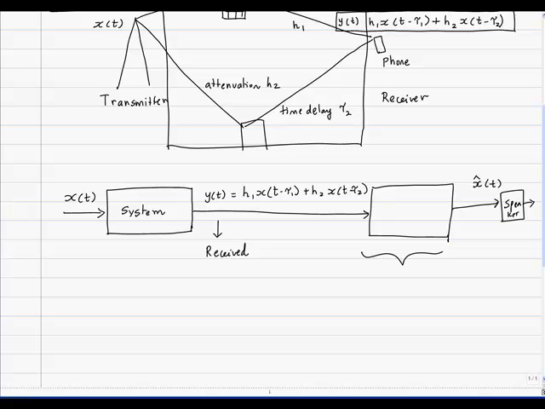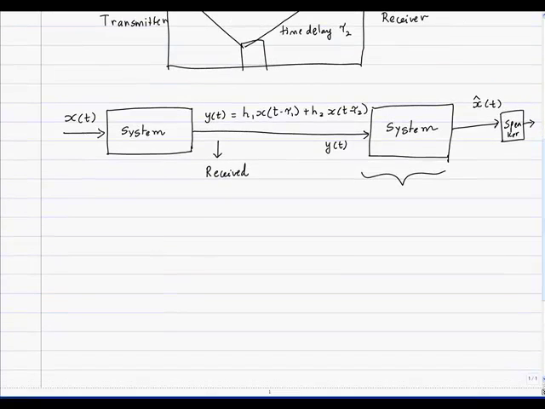Now this can also be thought of as a system, because this system has an input which is y of t, and it has an output which is x hat of t. Typically in such an engineering example, we are interested in a few different things. The first one is, if I want to design this system, this is at the receiver. I can call this receiver signal processing.